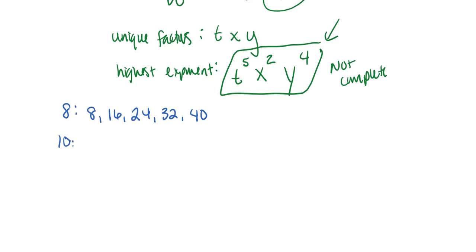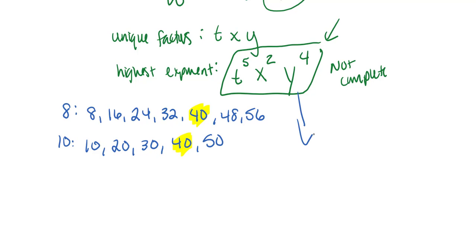Let's see if we have anything there. Or let's go up to 48, 56. Now let's do 10. 10, 20, 30, 40, and 50. Notice we can just stop because 40 is going to be our first number that is common between these two numbers. So 40 is our answer for this.